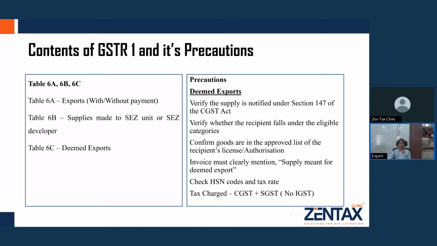Both HSN code and tax rate should align with the nature of the goods supplied by the supplier. And in this case, tax should be charged under CGST and SGST heads, because the goods do not move out of India, so only CGST and SGST taxes are to be charged.